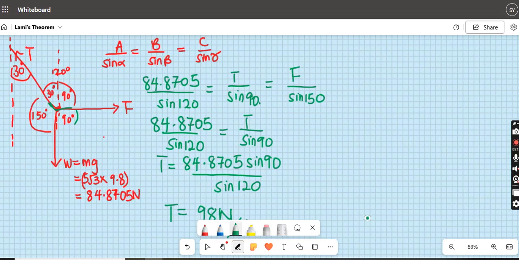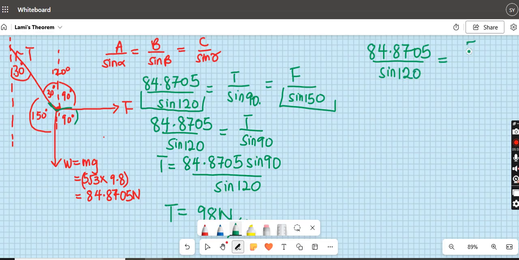Now for F, we'll take this particular W over sine 120 and equate it to F. So we have a second equation: 84.8705 over sine 120 is equal to F over sine 150.